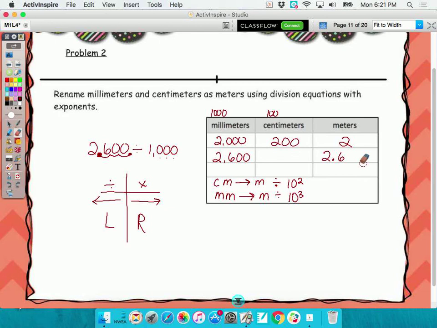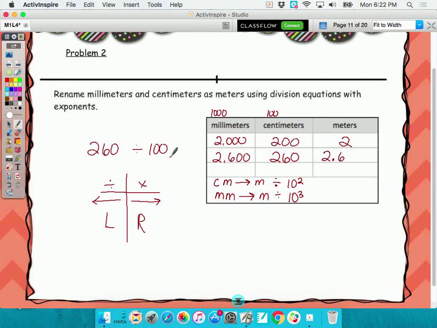Okay, so let's try that. Let's figure out what it would be if we had 260 centimeters. Let's see what that problem would look like. So 260 centimeters. And I'm going from centimeters to meters, so I divide by 10 to the second, which is what number? 100.